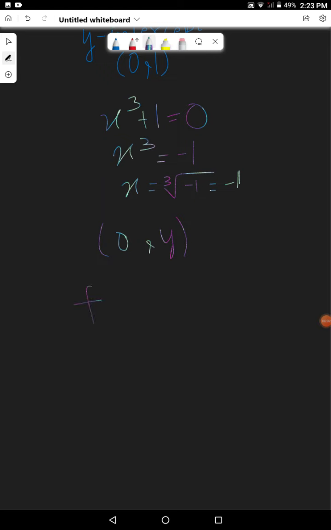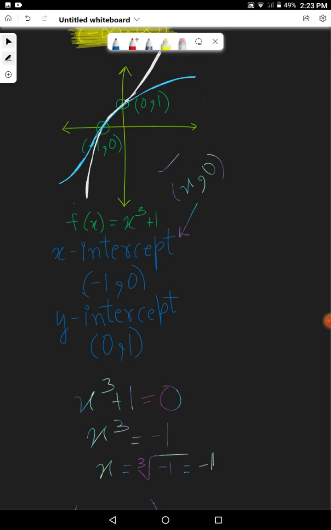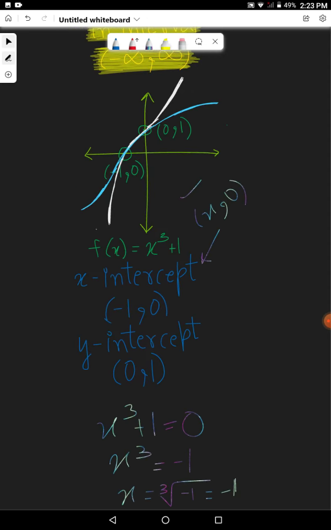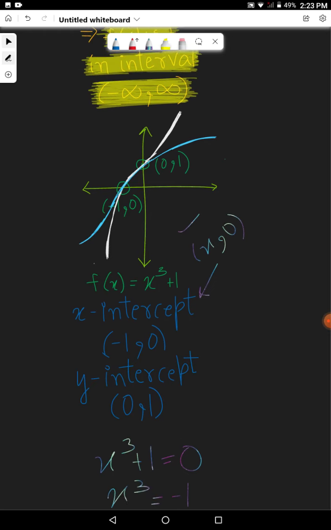Simply put x equal to 0. What you will get is f of x equal to 1, and f of x is the value of y. So we get the y-intercept as 0 comma 1. This is what I have done: x-intercept minus 1 comma 0, y-intercept 0 comma 1.